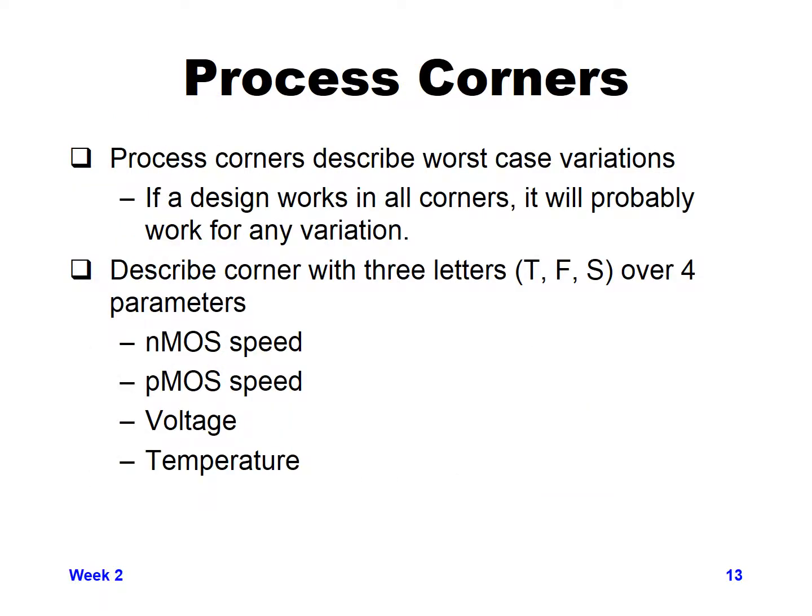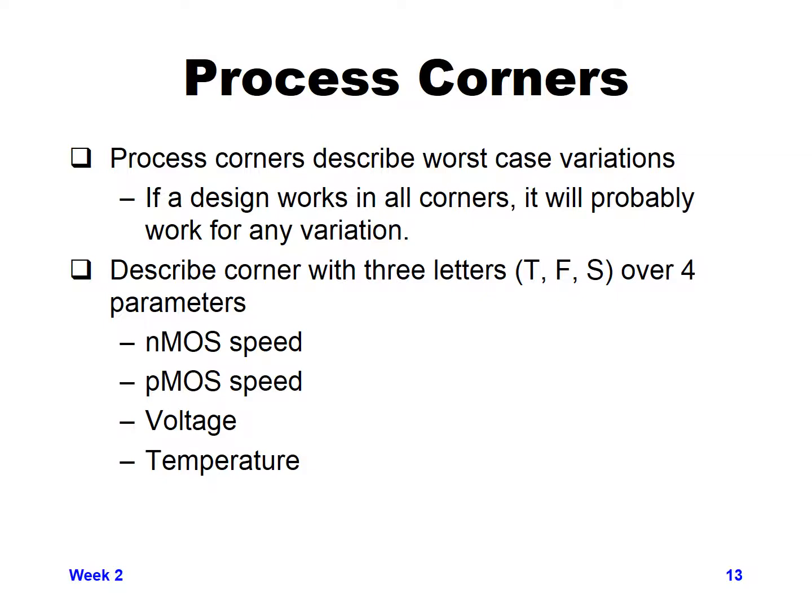So we use what's called process corners to describe our worst case variation. And if the design works across all corners, or at least the outliers of all corners, it will probably work for any variations of process parameter differences that are in between those corners.